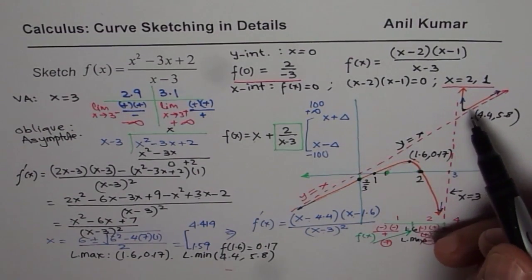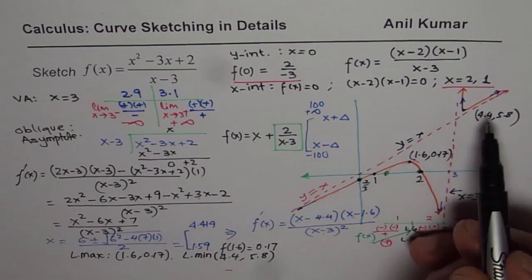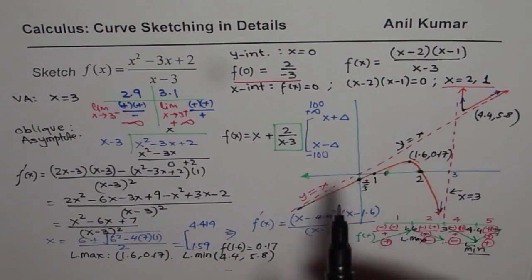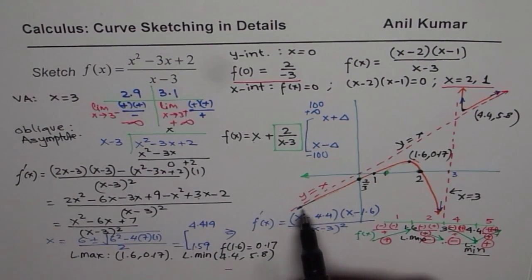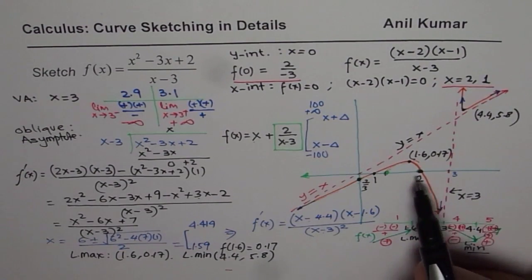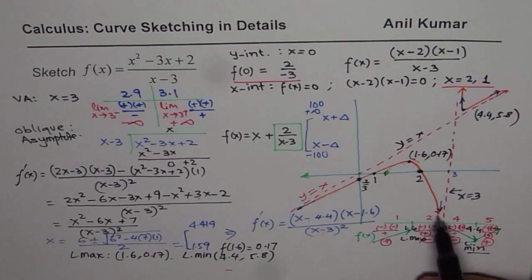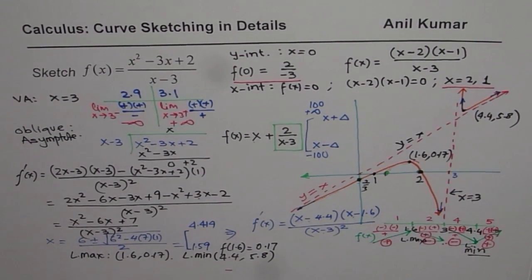The function approaches the oblique asymptote from above as x approaches positive infinity, and it approaches from below as x approaches negative infinity, right? And you can see clearly at the vertical asymptote, the function approaches from the left side towards negative infinity and from the right side towards positive infinity, right?